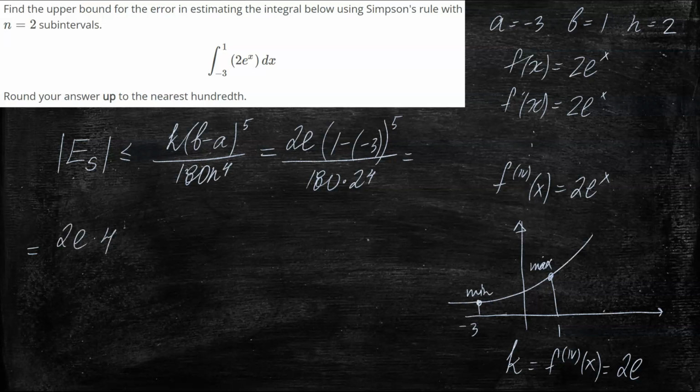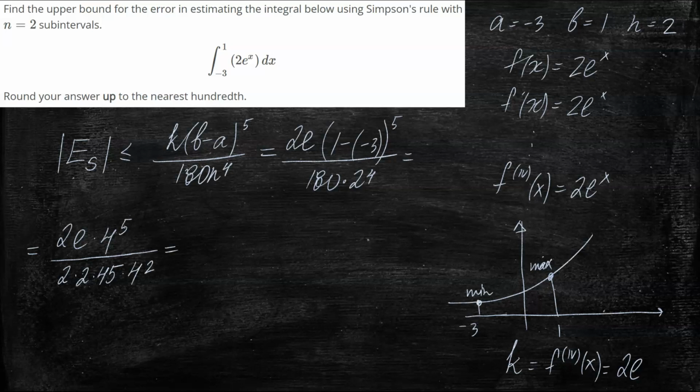So we have 4 to the power 5, and 180 is 2 times 90, which is 2 times 2 times 45, and we have 2 to the power 4, which is the same as 4 squared.